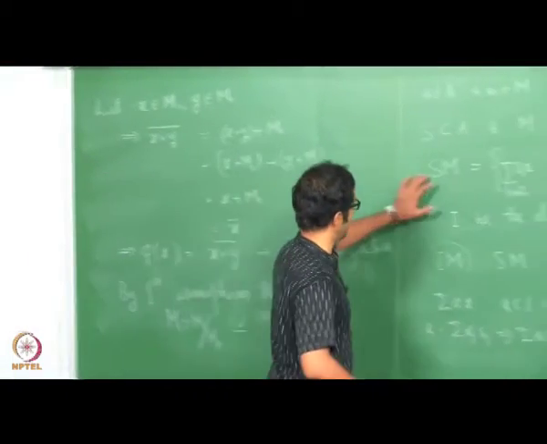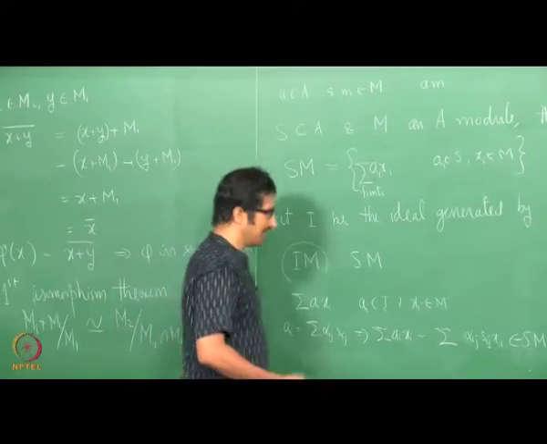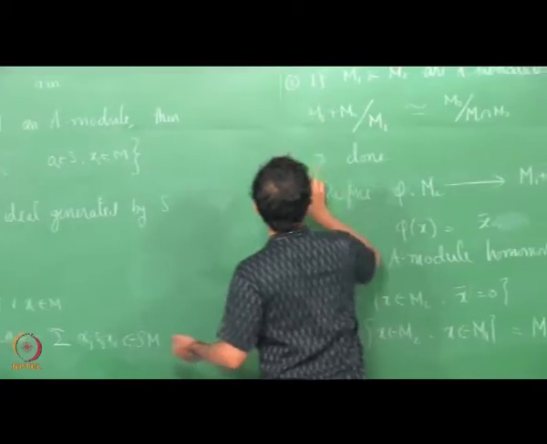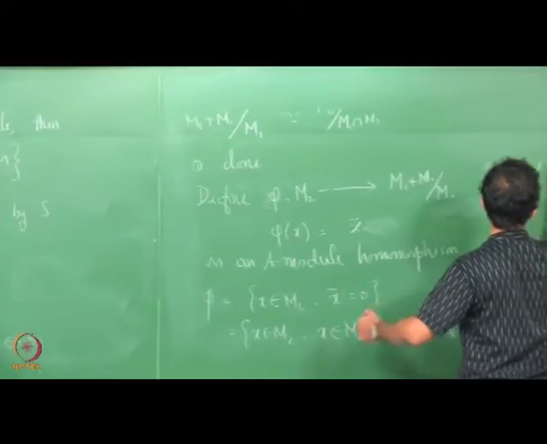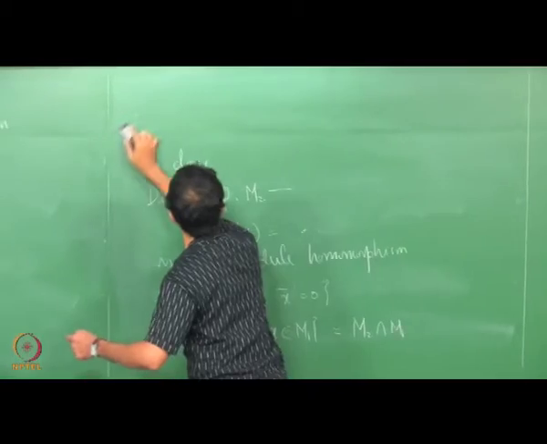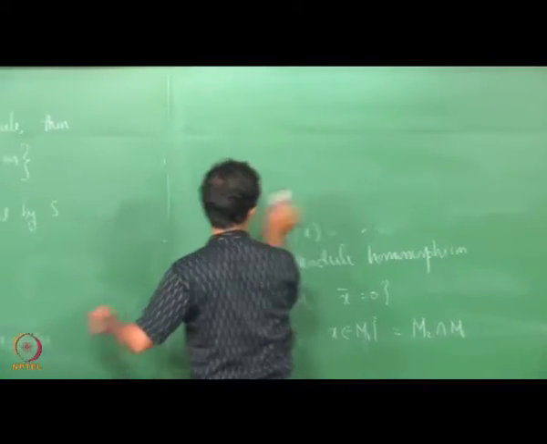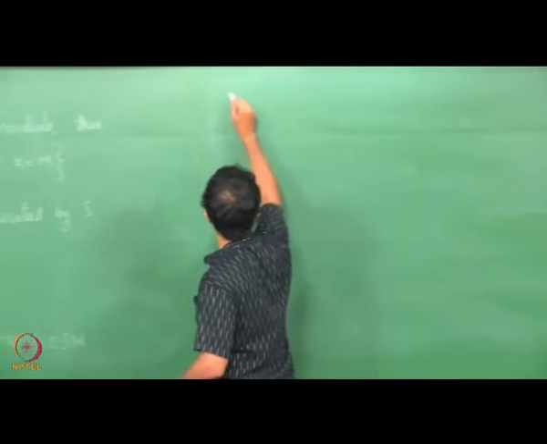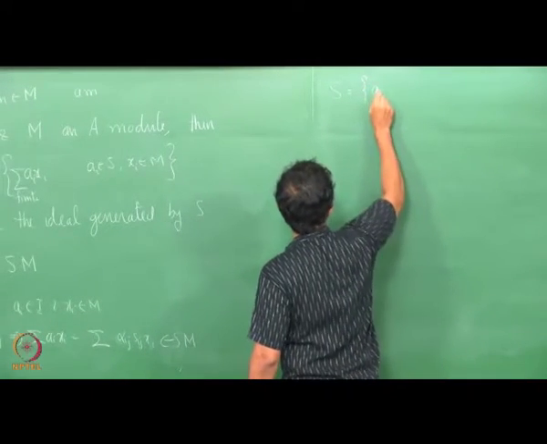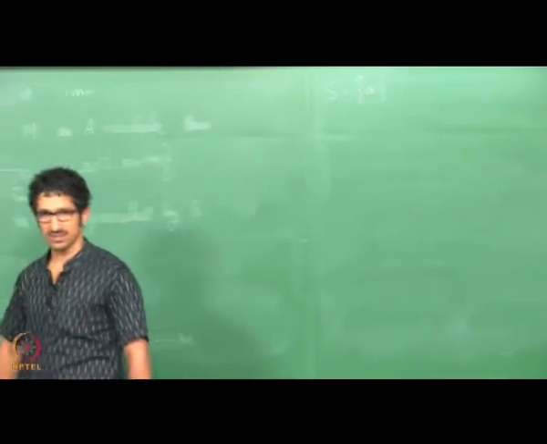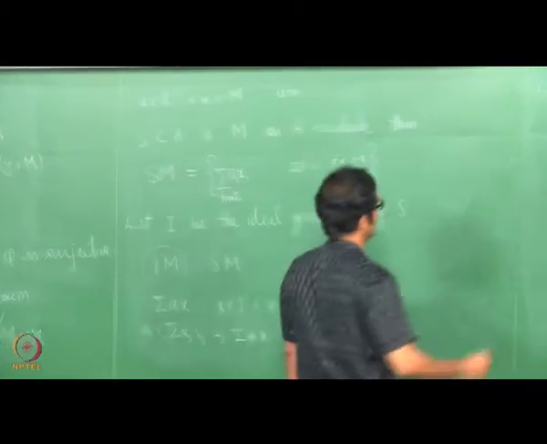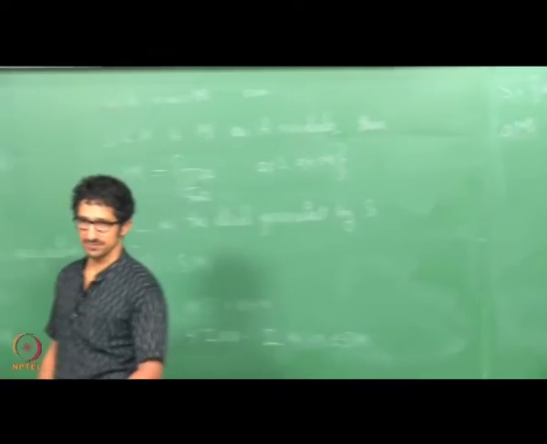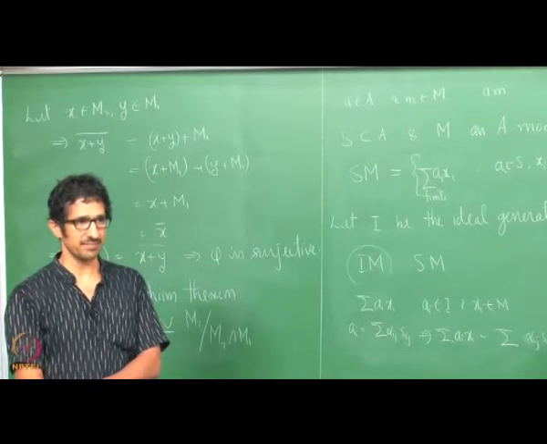So, this SM and IM are same, therefore, most often we will stick to IM, but there are some simple cases where we use the notation SM. For example, if your set S is singleton {a}, then we write aM instead of ideal generated by, they are the same.